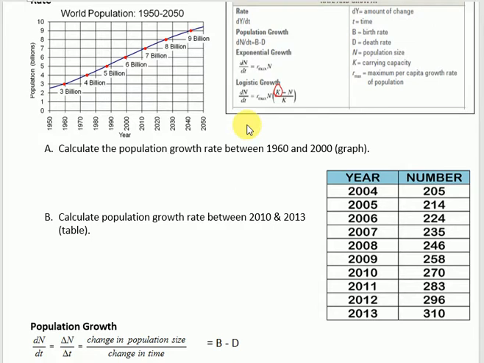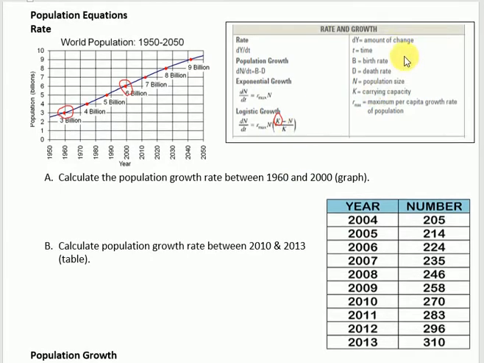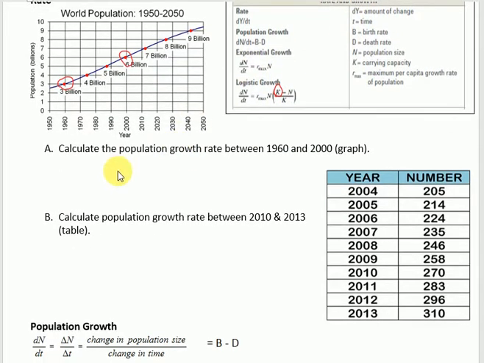So calculate the population growth rate between 1960 and 2000. So we're going to look right here and 2000. So we have a change in 3 billion. So if we look here at this graph, you can see that these are the amounts of change.